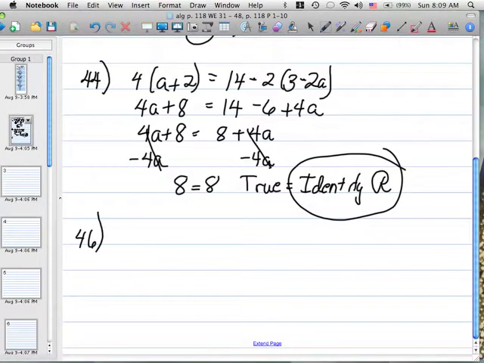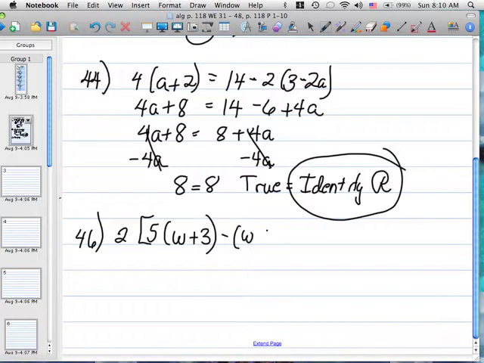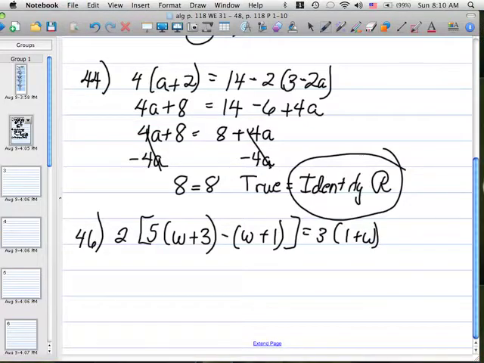46. We're in section C, so these are a little tougher. So we have 2 times the brackets, 5 times the quantity w plus 3 minus the quantity w plus 1, equals 3 times the quantity 1 plus w. So we begin by simplifying.